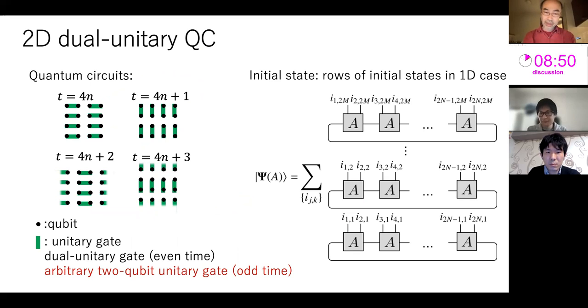I understand that that's a sufficient condition. So what's the necessary condition? I mean, is there any other choice or wider choice of gates that can satisfy good conditions such as you have shown in 3D?